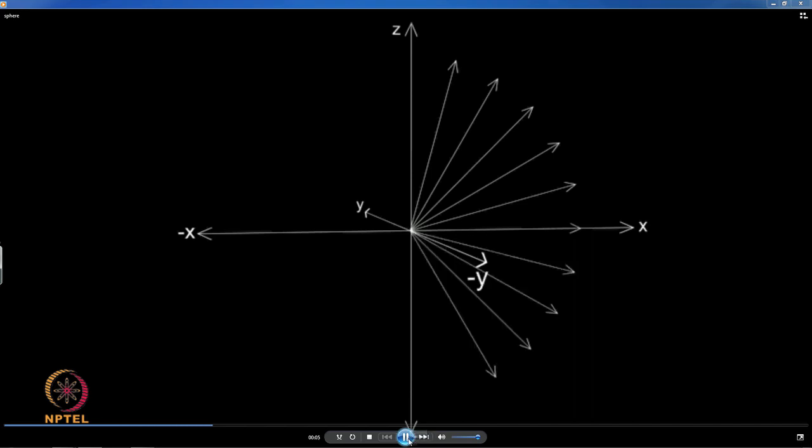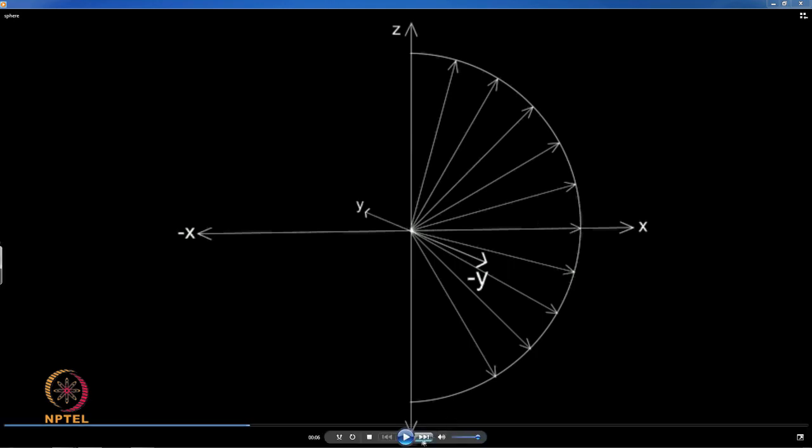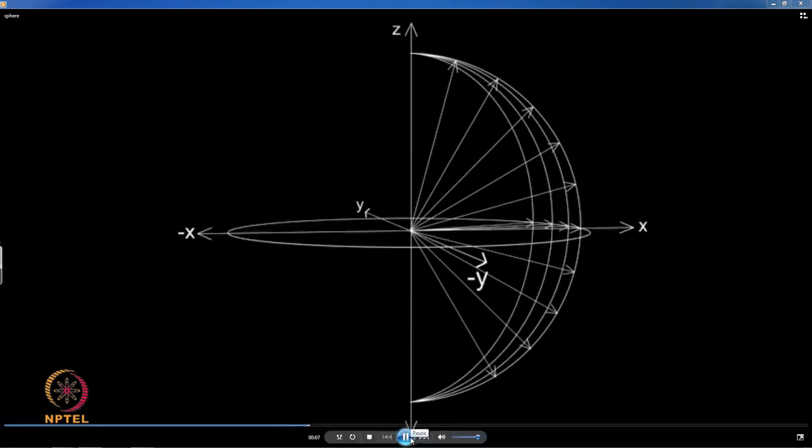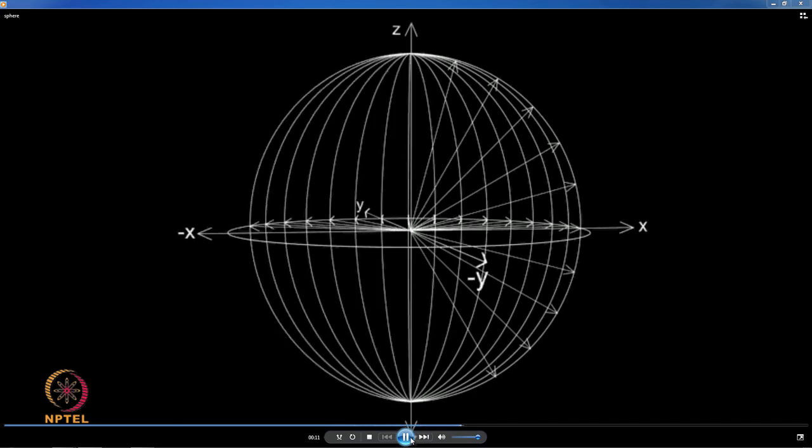So that is the variation of theta, and theta varies from 0 to pi only. The other angle is of course the azimuthal angle phi, in a plane perpendicular to this, and if you rotate this semi arc by 2 pi, you generate the surface of the sphere. So that is the azimuthal angle phi with respect to a chosen x axis.